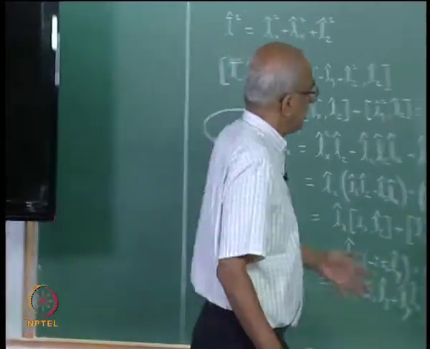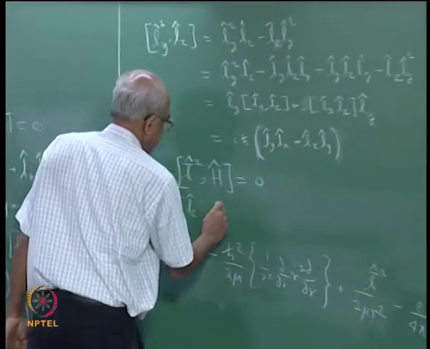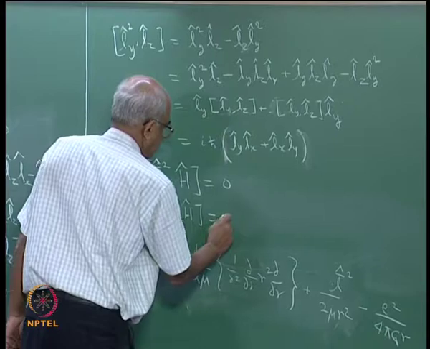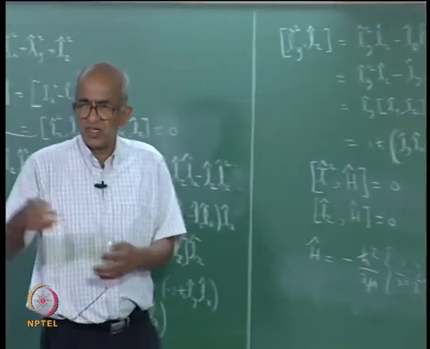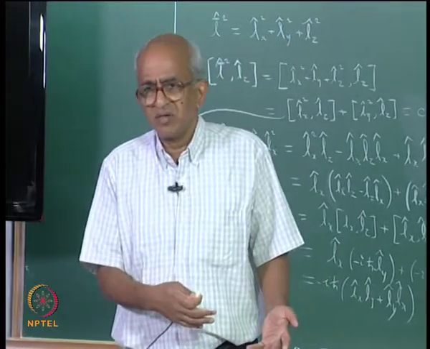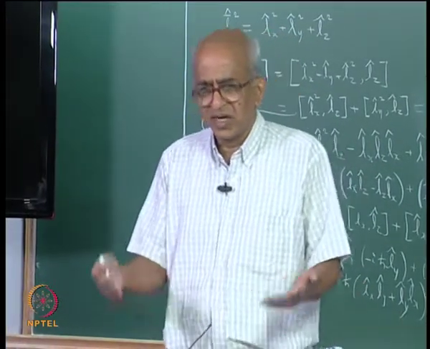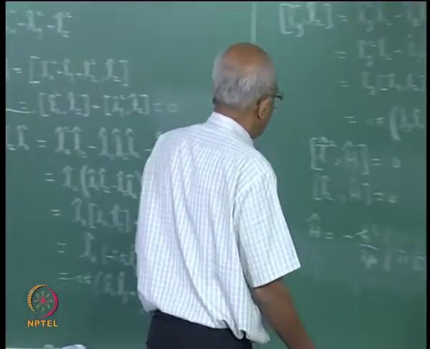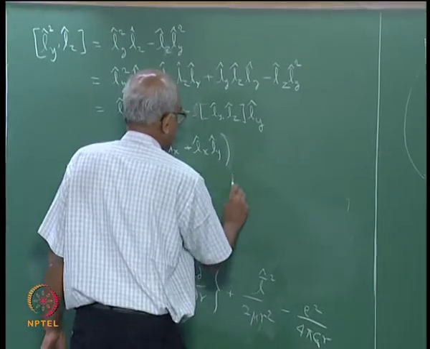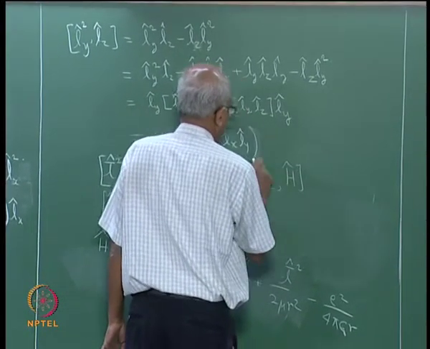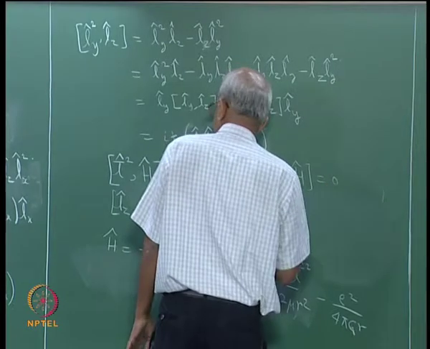So therefore, Lz also commutes with the Hamiltonian. And as I told you a few minutes ago, there is nothing so special about the z direction. If Lz commutes with the Hamiltonian, then naturally I would expect Lx as well as Ly will commute with the Hamiltonian. Definitely this is something that I would expect to happen. Even though I have not actually done any computations, this is what I would expect.